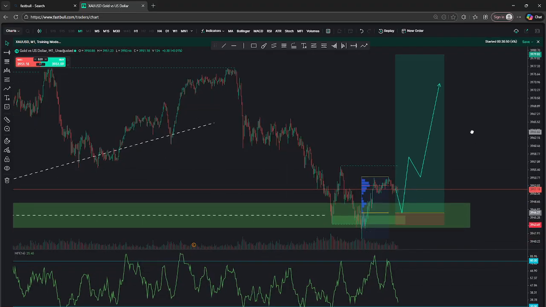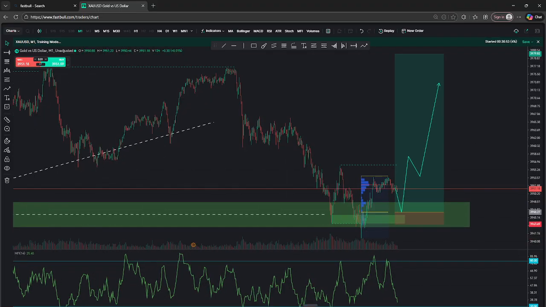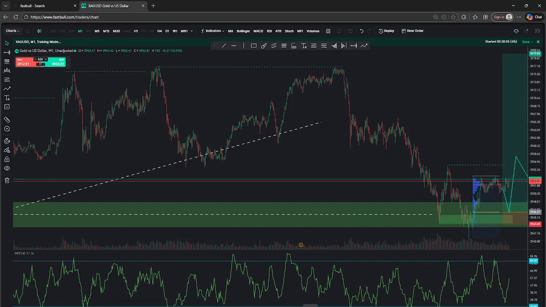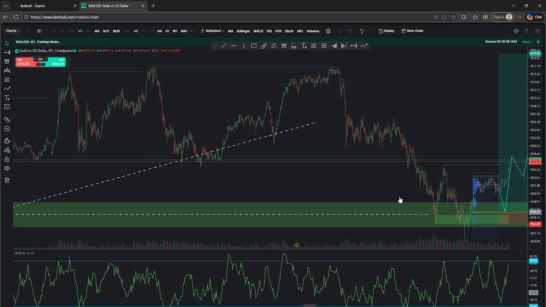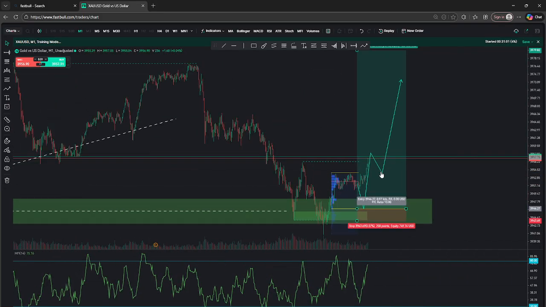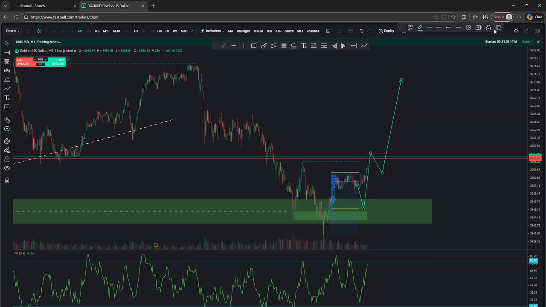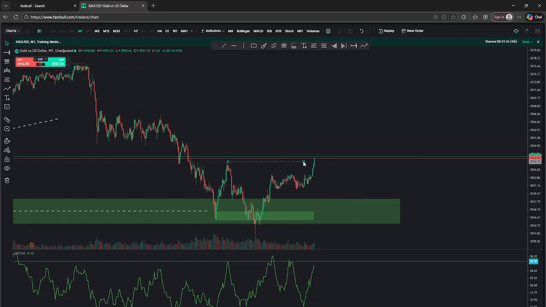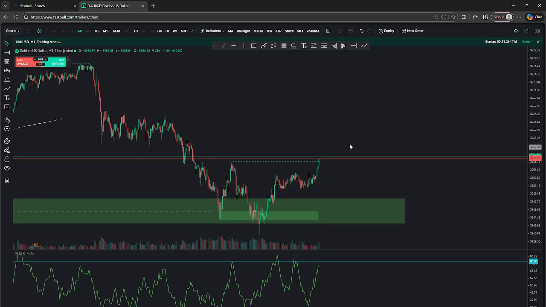Let's see how this one will play out. So we decided to have a, okay, let's actually plan again. So now we have taken this high, the liquidity that I wanted to see.